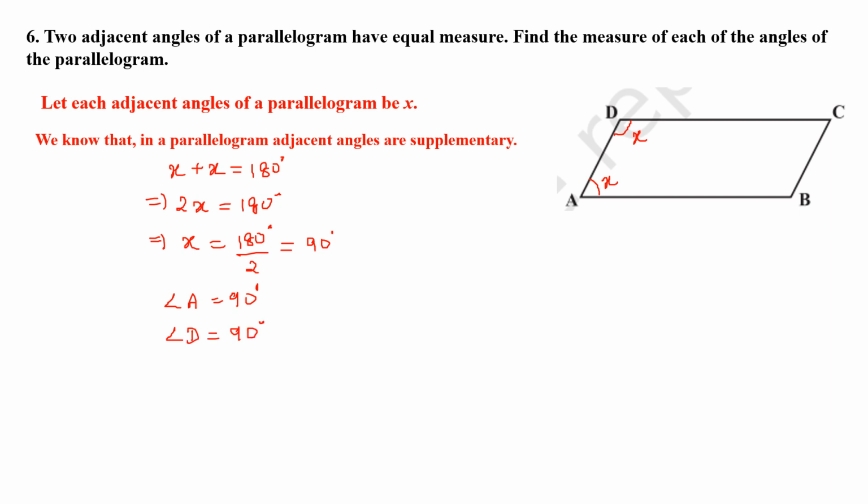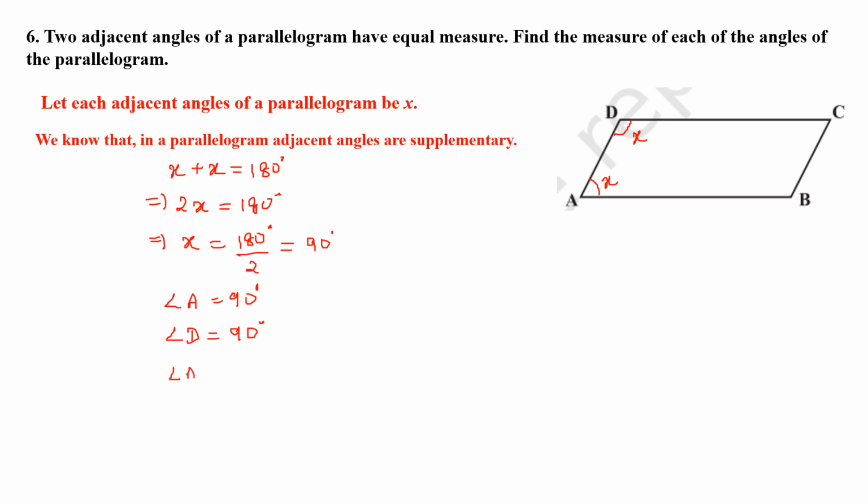And as it is given that it is a parallelogram, so we know that opposite angles will become equal, right? So angle A will become equal to angle C, and angle A is 90 degree, so angle C will also become 90 degree. Same way angle D is 90 degree, so angle B will also be 90 degree because they are opposite angles. So all the angles will become right angle.